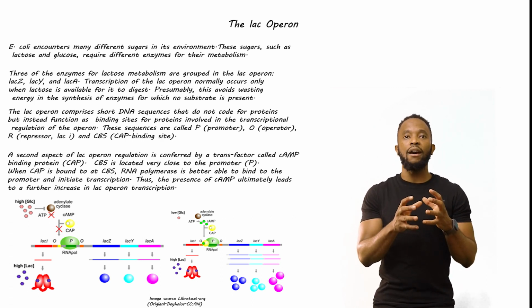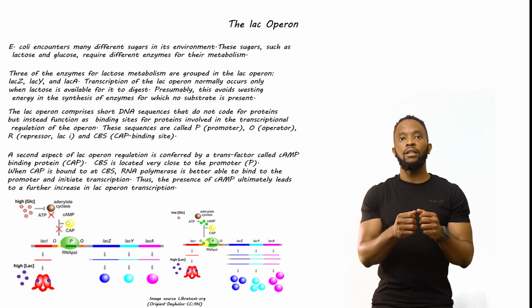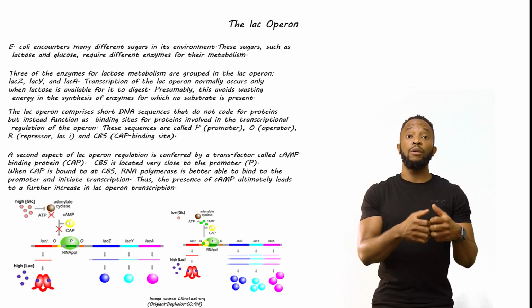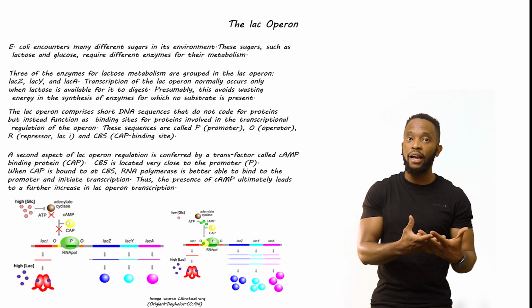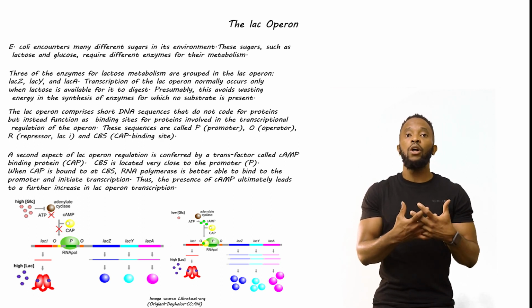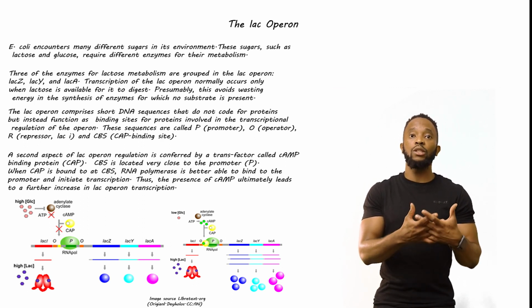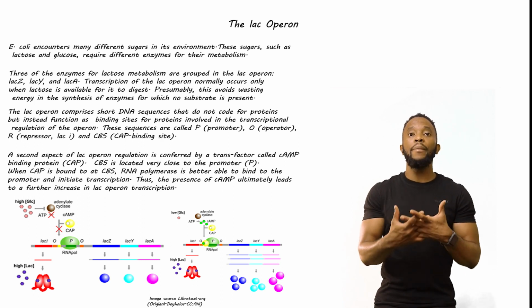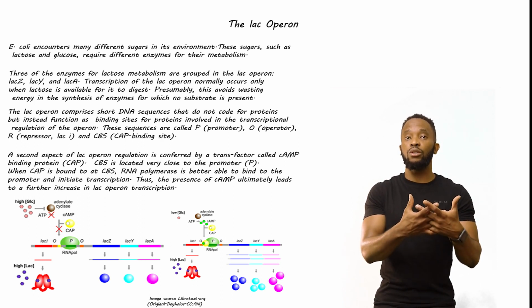The reason we have this trans factor CAP is that glucose is the preferred sugar for E. coli. So although they have to break down the lactose, they give preference to glucose first.